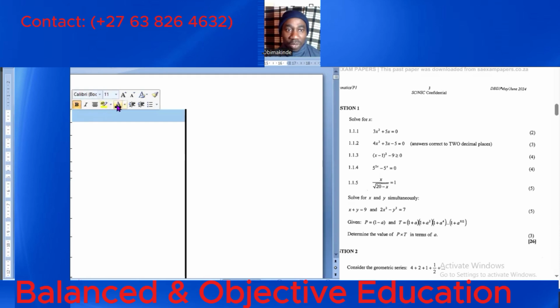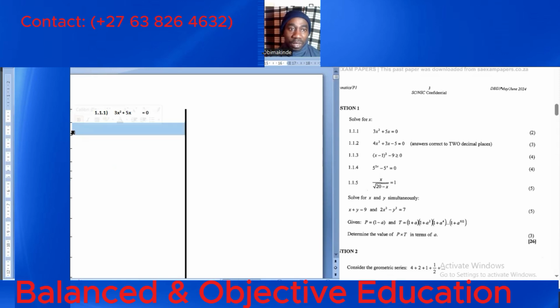If you look at the first term, 3x squared, and the second term, 5x, those two terms have x in common. So we factorize with x. You can see x is here, then here you have 3x plus 5, and that will be equal to 0.